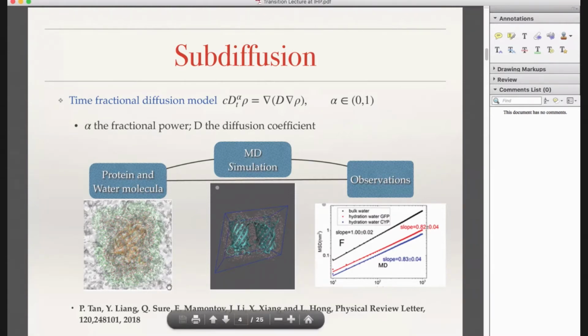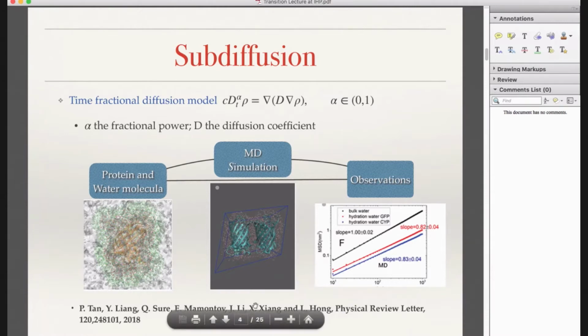This phenomenon can be observed both by experiment and by MD simulation. This is a picture from a neutron scattering experiment looking at water molecules near some protein. They can also theoretically do some MD simulation.